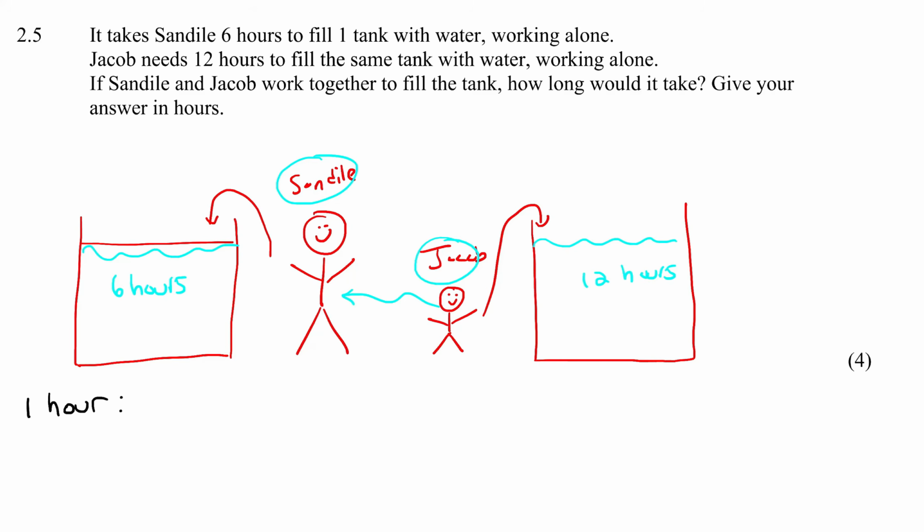Okay, so what fraction of this container can Sandile fill in 1 hour? We know that it takes him 6 hours to completely fill up that tank. So would you agree with me that in 1 hour, he would fill 1/6? In 2 hours, he would fill up another one, so now he's done 2/6.